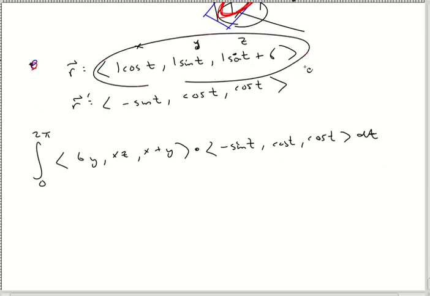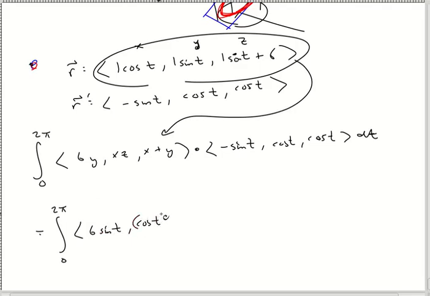I can take these and plug them in here. Have you noticed something that has not gone on? I'll tell you in a second. Cosine of t, and then times sine of t plus 6. And then finally, my x plus y is going to be a cosine of t plus the sine of t.